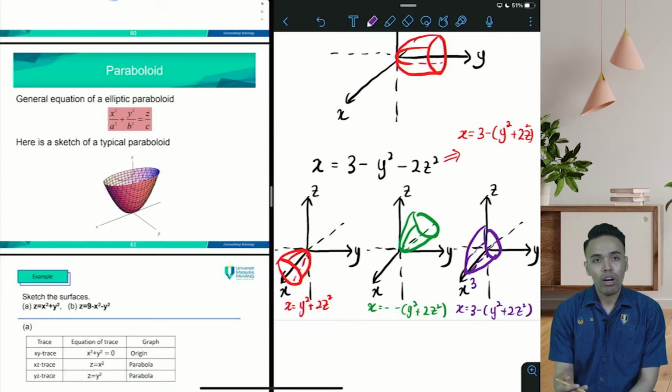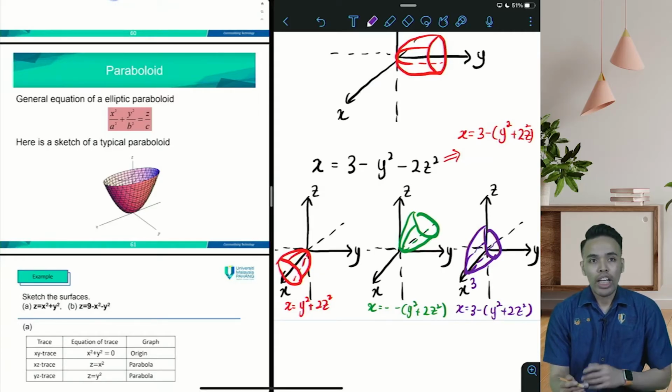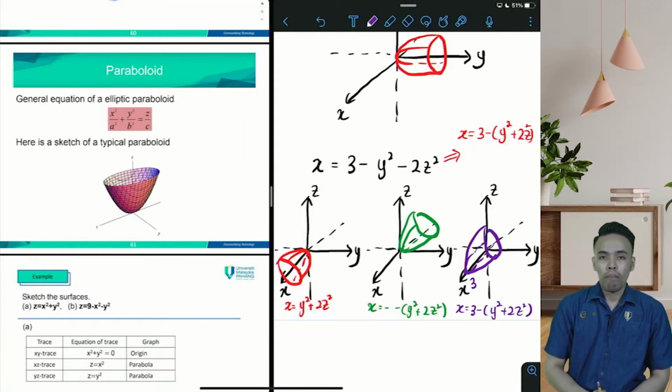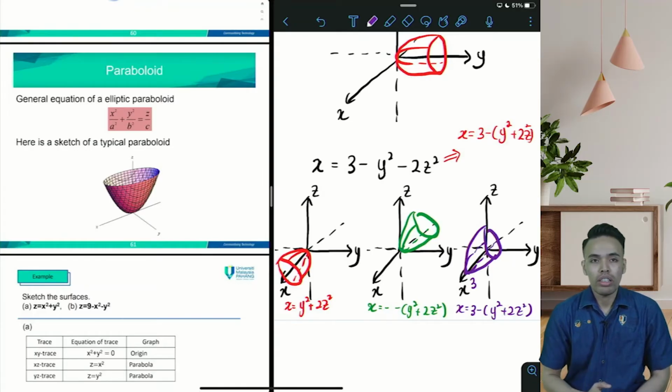So this is how you sketch a paraboloid. I hope you can understand the concept here, so that even if I throw any type of question at you, if you are able to pick up the tricks involved in sketching the paraboloid, you should be okay when I give you any type of question regarding paraboloids.